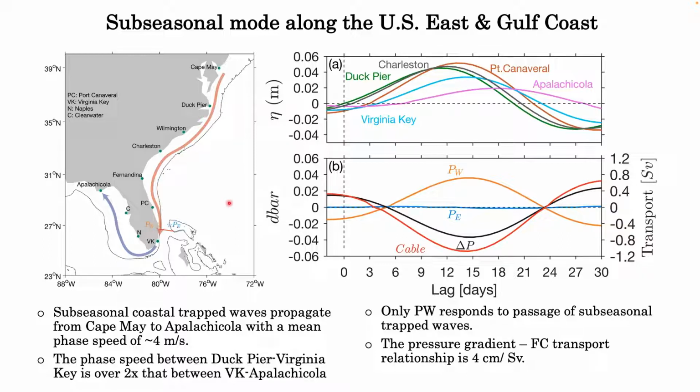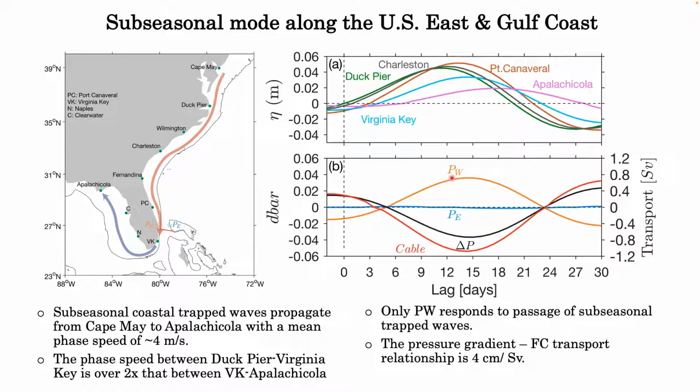We can learn that on average the propagation speed is about 4 meters per second along the waveguide. What is quite interesting here is that the phase speed along the US East Coast is roughly twice faster than that along the Gulf Coast. We'll discuss that later.